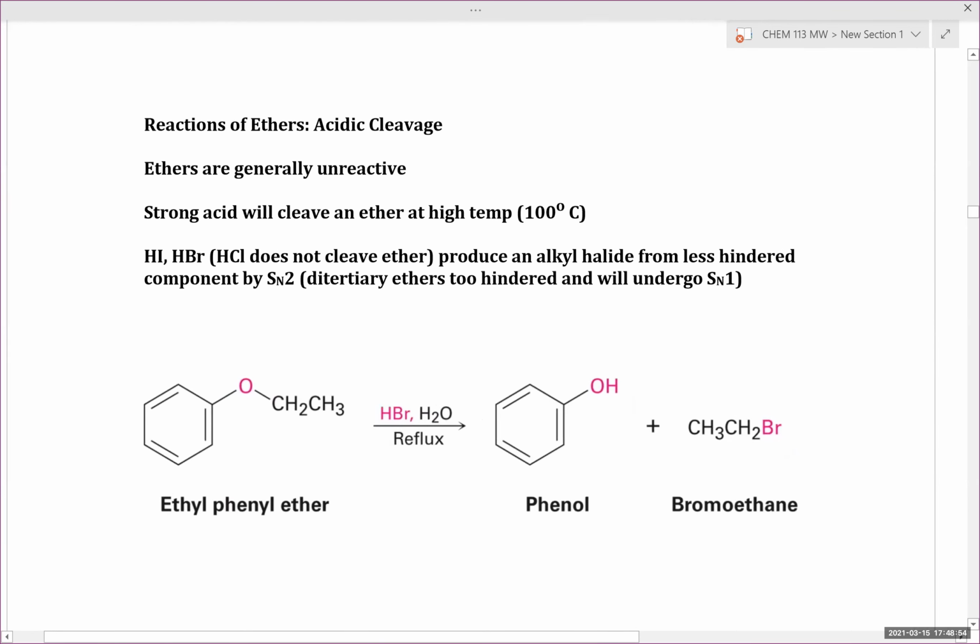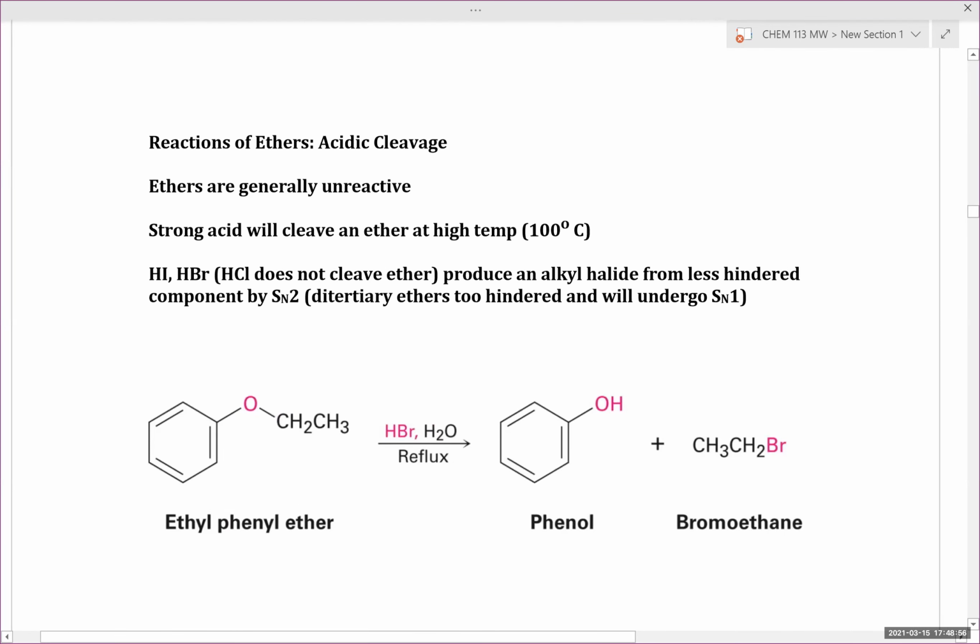Let's talk about a common reaction of ethers under acidic conditions, which is the acidic cleavage of ethers. Ethers are generally unreactive. However, treatment of an ether with strong acid at high temperatures will cleave the ether and install an alkyl halide.